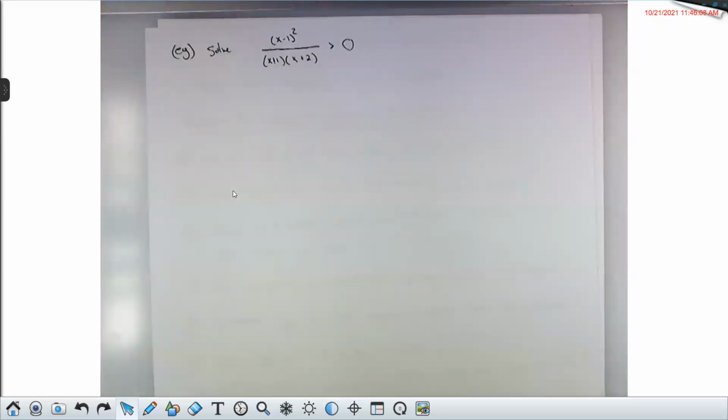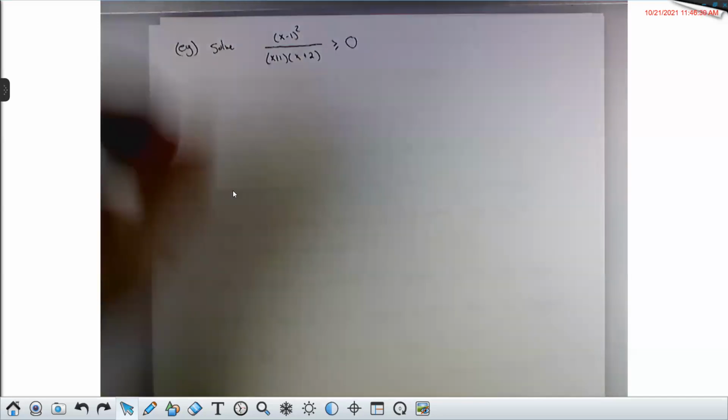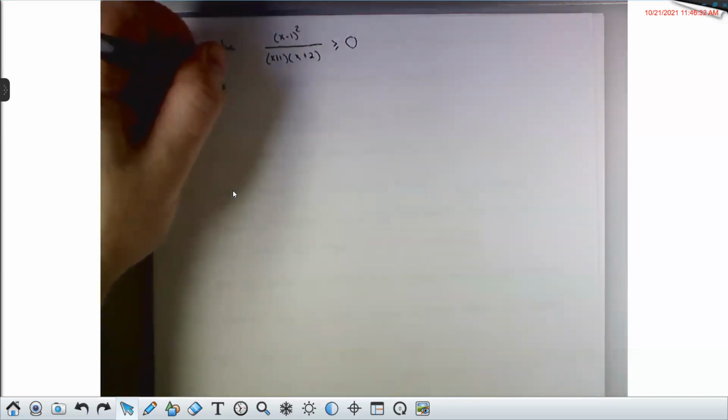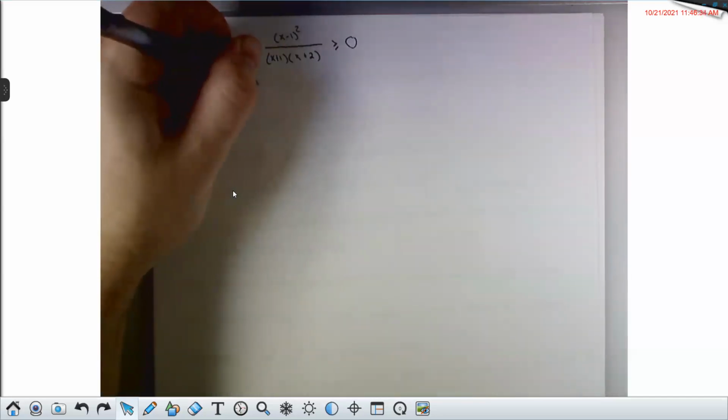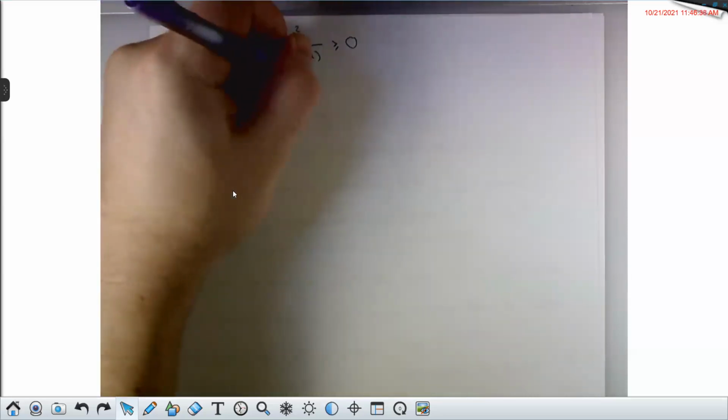Okay. So let me change this to a greater than or equal to. Those are tougher. All right, so somebody has already done us the favor of pulling everything to one side, having a common denominator, factoring top and bottom. It's all been done for us. Yay! So steps 1, 2, 3 have already been done.